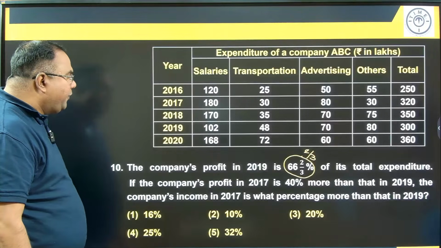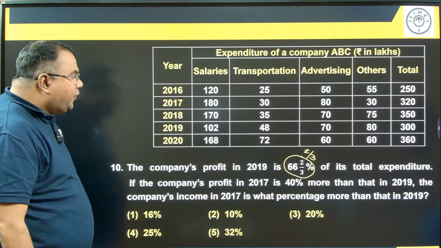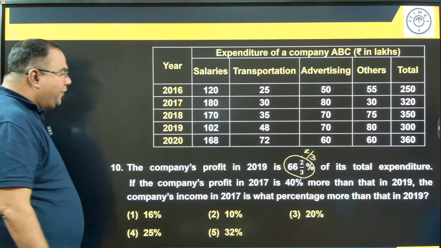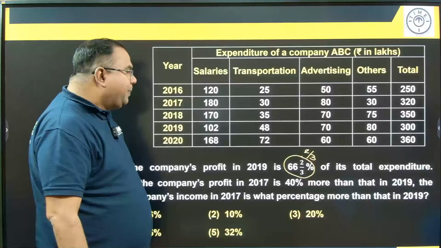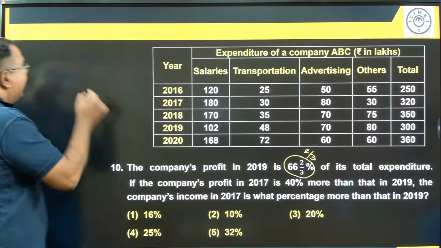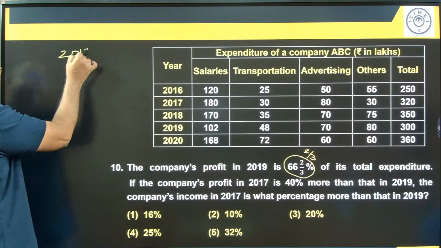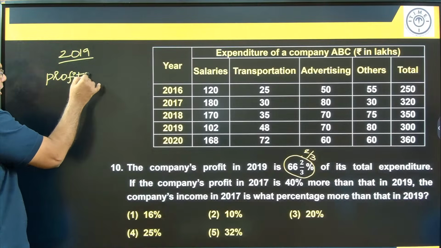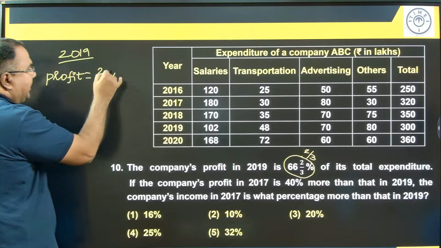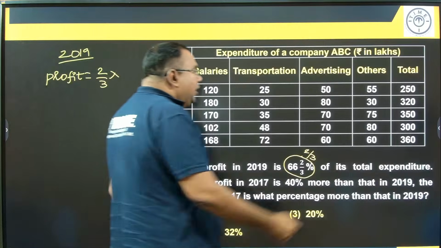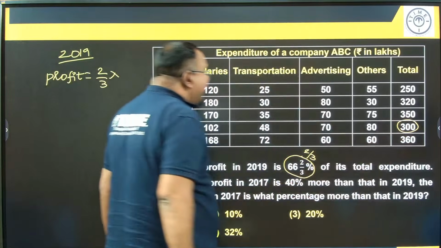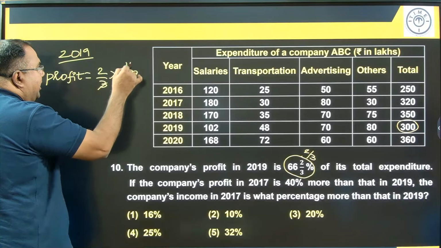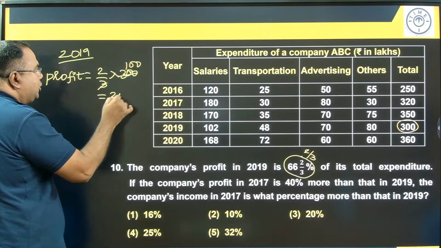And if the company's profit in 2017 is 40% more than 2019, the company's income in 2017 is what percentage more than 2019? Let me write down 2019. The company's profit is 2/3 of its total expenditure. Looking at the table, total expenditure is 300, and profit is 2/3 of that, which is 200.